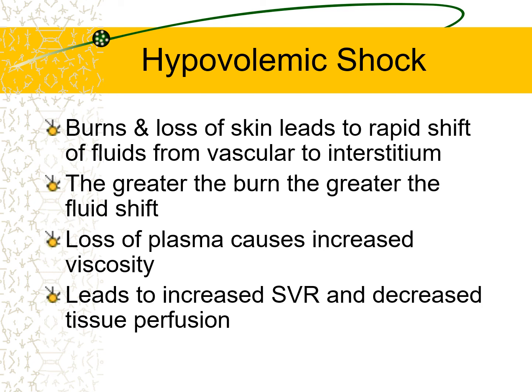It becomes very thick. Now remember, that is going to increase systemic vascular resistance. It's really hard to push around this thick, viscous blood. And so this leads to an increase in systemic vascular resistance and consequently a decrease in tissue perfusion.